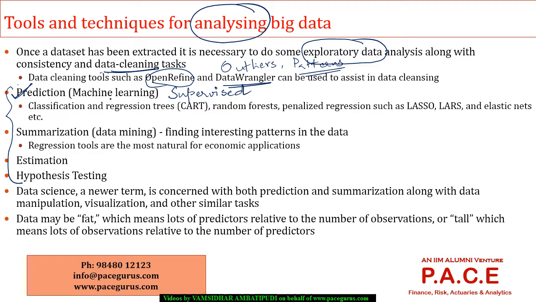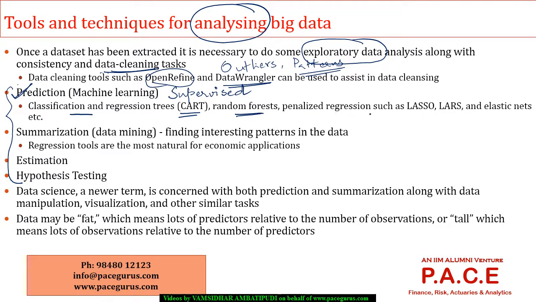We have different techniques to do the prediction. The description of each and every technique is beyond this article. But just to give you an overview, we have classification and regression trees, simply called CART. They are used for various prediction purposes. Random forests play an important role in predicting.